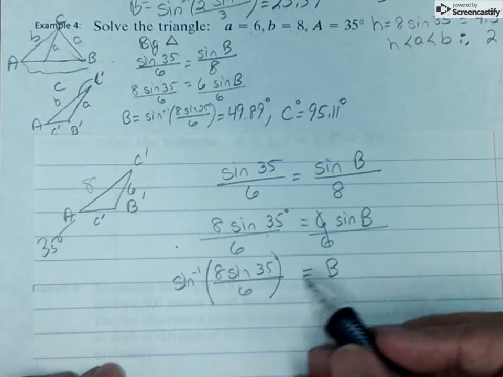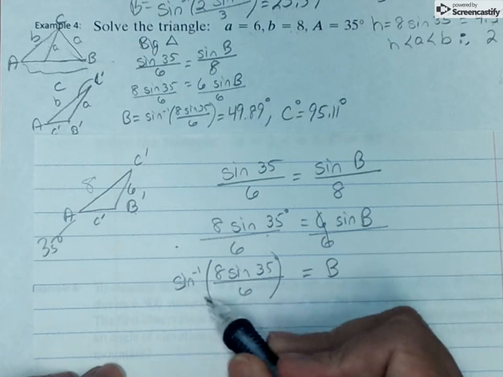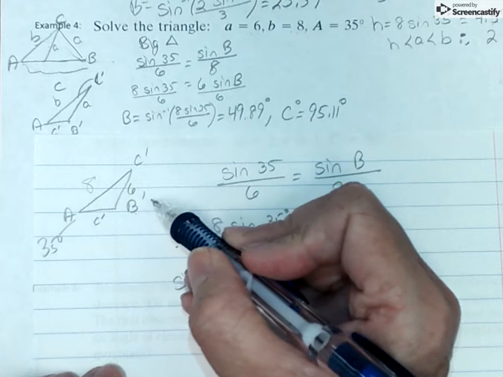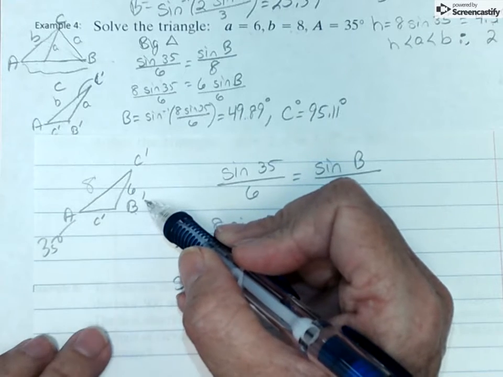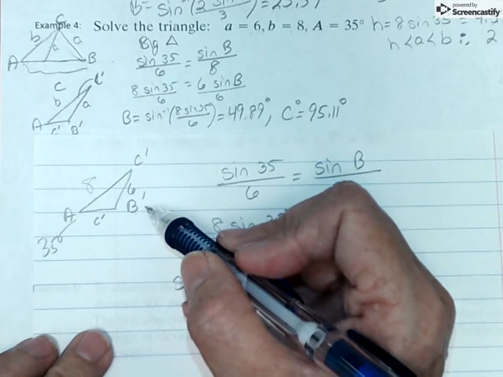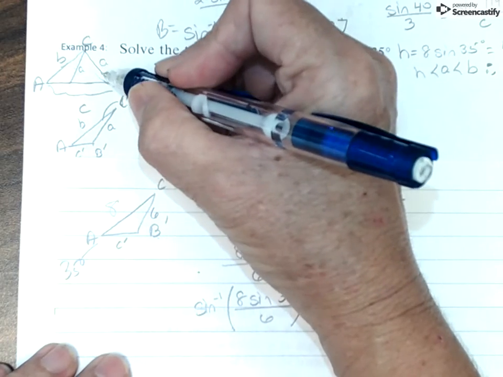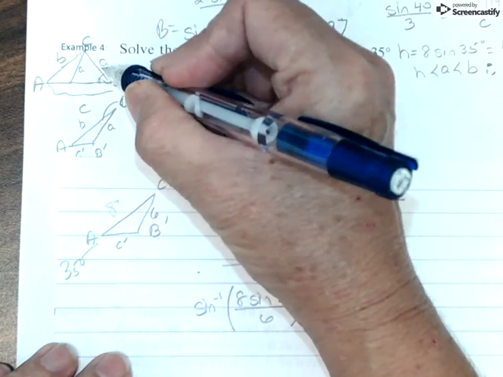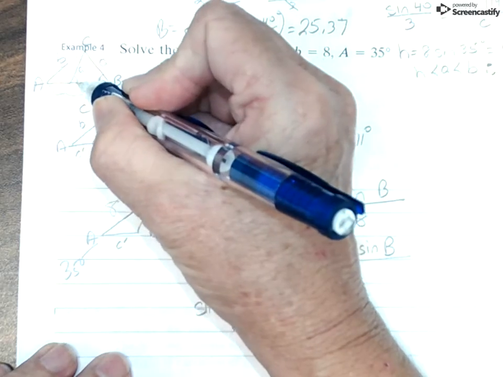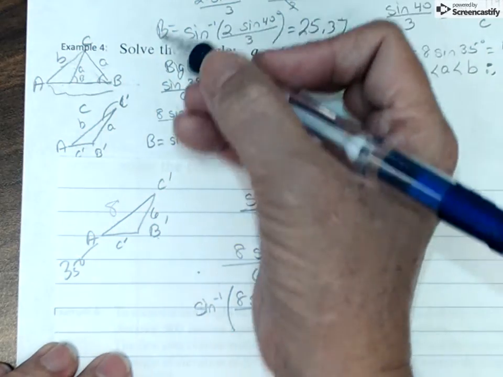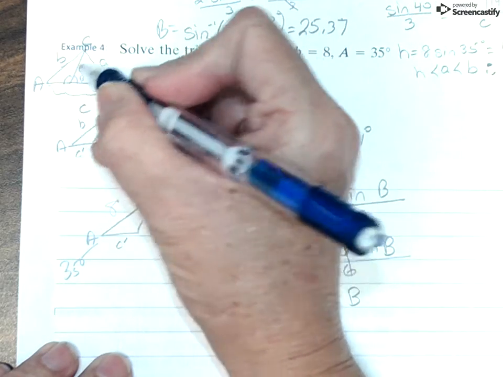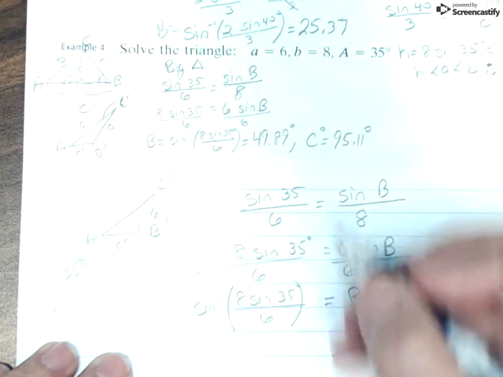Okay, and as you may have realized, this is the exact same way we calculated angle B. But I'm actually looking for B prime this time. And one thing that you should be aware of when I'm trying to calculate B prime, so if this is B, this is side A and this is side A, this angle right here should be the same as B also. So B prime, which is over here, is going to be 180 minus B.